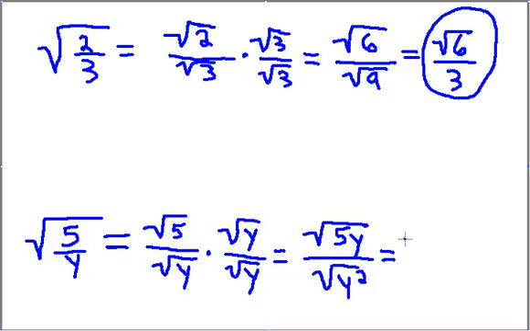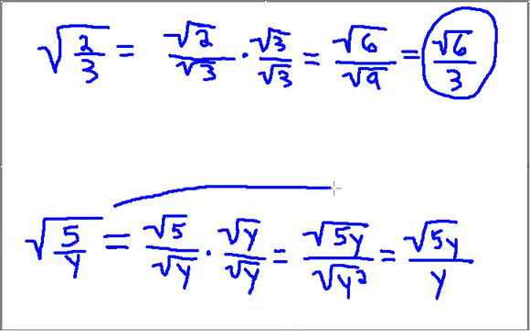The top is going to remain the same, because radical 5y is already in its simplest form. But the square root of y squared is y, because y times y is y squared. So then, the square root of 5 over y in its simplest form is radical 5y over y.